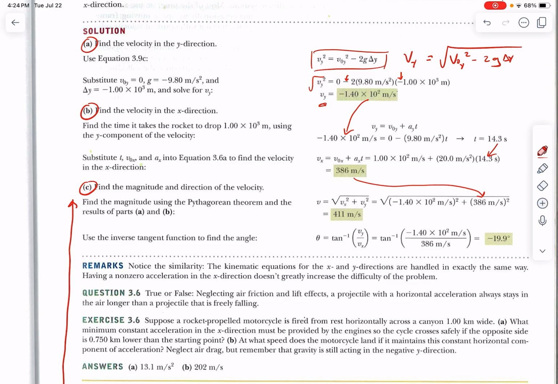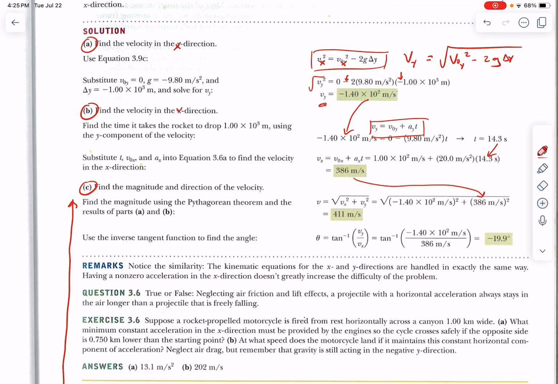Then letter B, find the velocity in the x direction. So in order to find the velocity in the x direction, we're going to use this equation right here. I think there's some nomenclature that might be wrong here. In any case, this is supposed to be, that's right, this is all supposed to be x up here, I think.